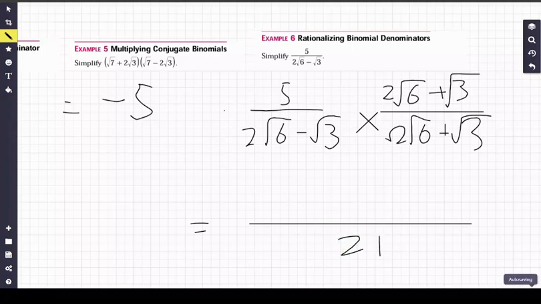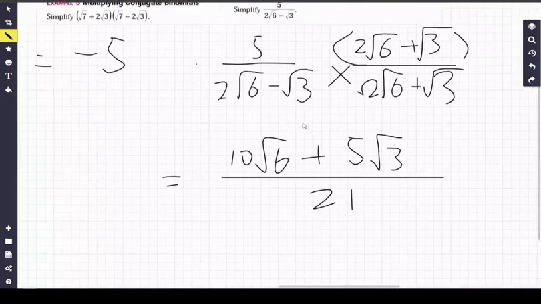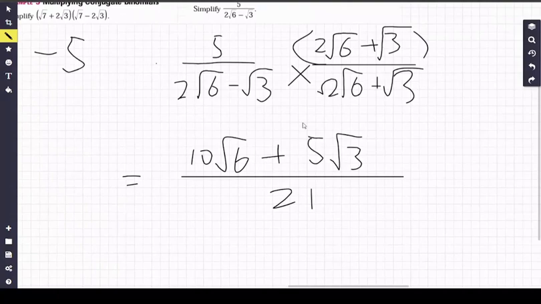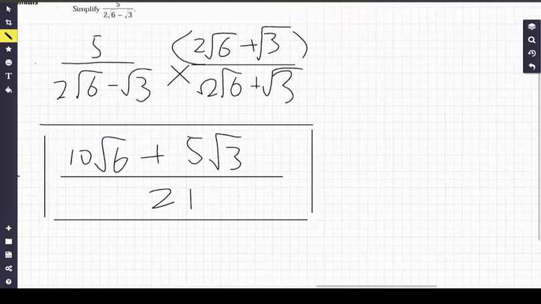Now 5 times 2 root 6, that's going to give you 10 root 6 plus 5 root 3. That was the distributive property, if you don't remember. So you're distributing that. And now we look at it. Can we simplify it further? No. We can common factor the top, but it doesn't really matter. It doesn't cancel anything out. So here we have our most simplified form.